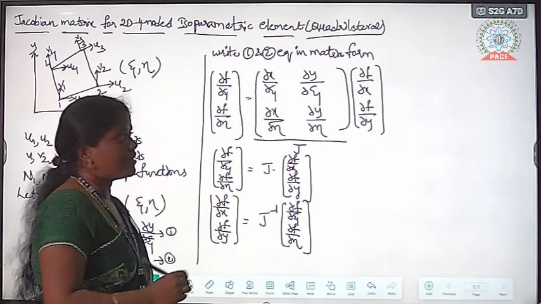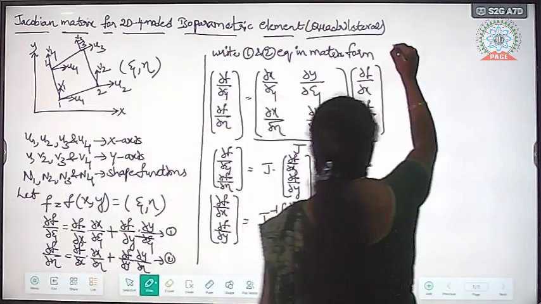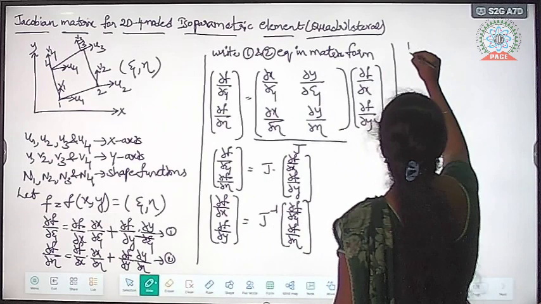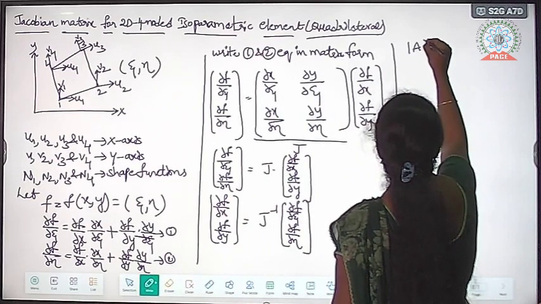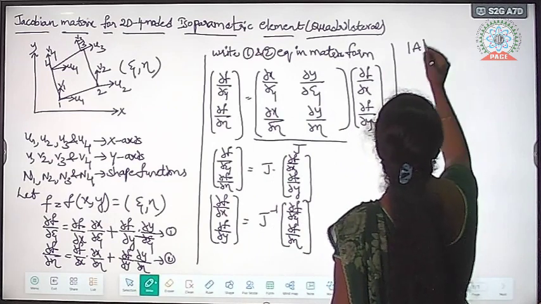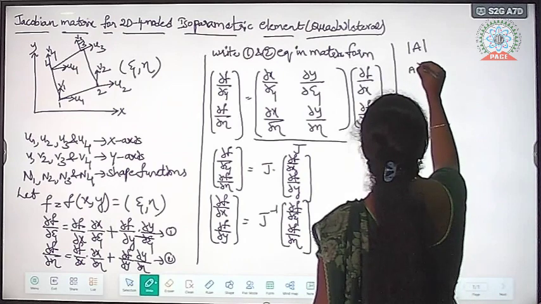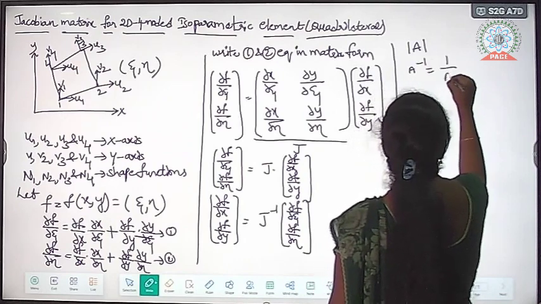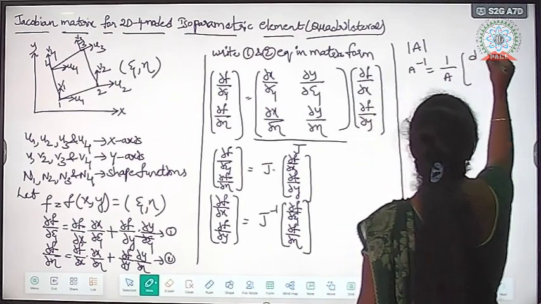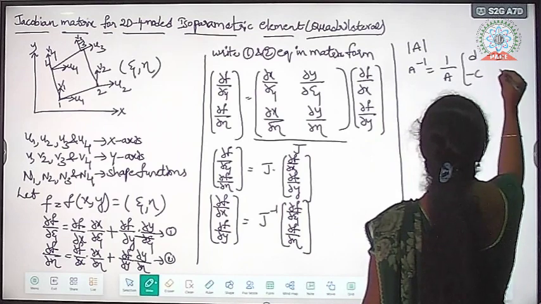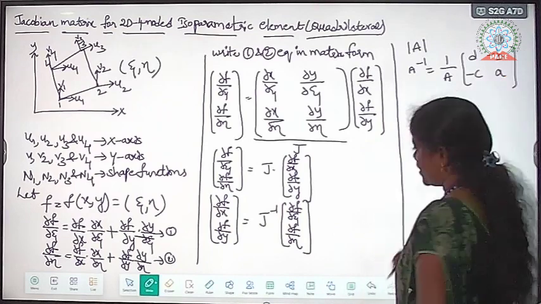The inverse matrix formula is, for example, for a matrix A with entries A, B, C, D, A inverse is 1 by determinant of A into D, minus B, minus C, A. This is the formula for finding the inverse.